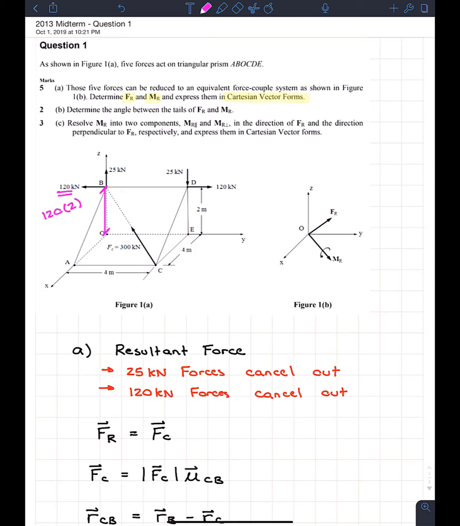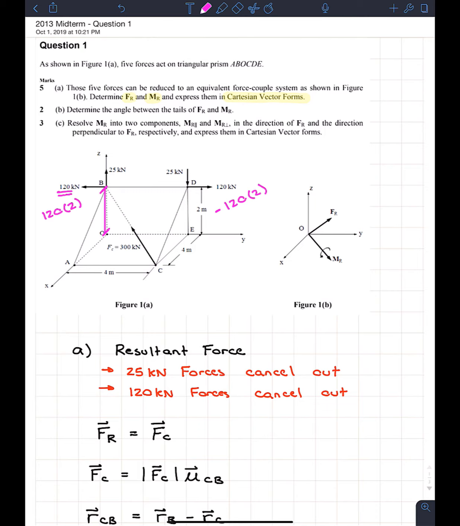If we look at the sign of this moment, it's going to go counterclockwise about O, so it's going to be positive. And if we look on the other side, it's 120, and the distance is also 2. However, this is going the opposite direction, so this moment will actually be negative.